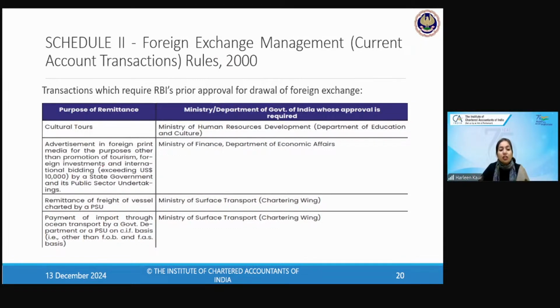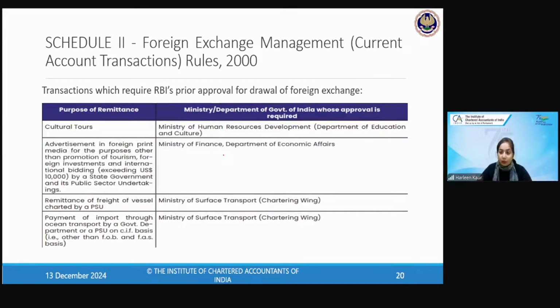So for cultural tours, say for example, if any Bollywood star is going to hold cultural tours in different cities, even if you're spending $1 for that, the approval is required because you're going to a different place outside. Then you need the approval of the Ministry of Human Resource Development, that is the Department of Education and Culture.